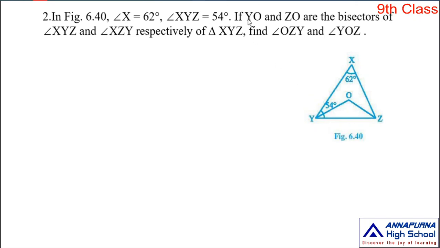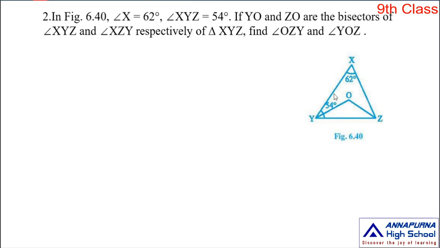If YO is the bisector of angle XYZ, YO is the bisector of angle Y. So the bisector YO divides angle Y into two equal angles.